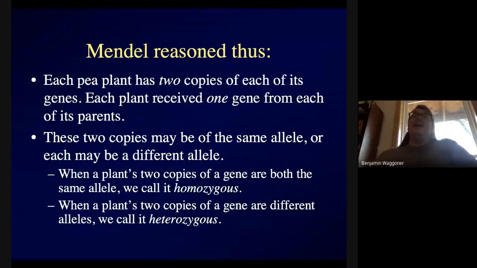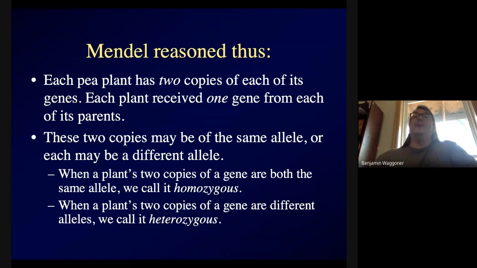And every pea plant must have 2 copies of each of its genes. So every plant got 1 gene from its mom, or the parental plant that contributed the eggs, and 1 copy of each gene from the plant that contributed the sperm.